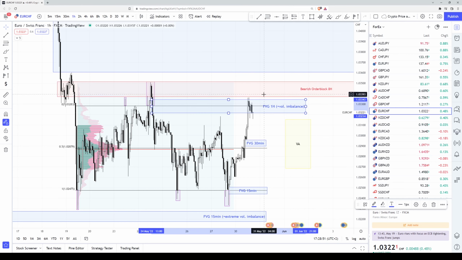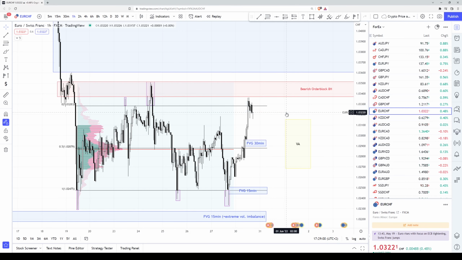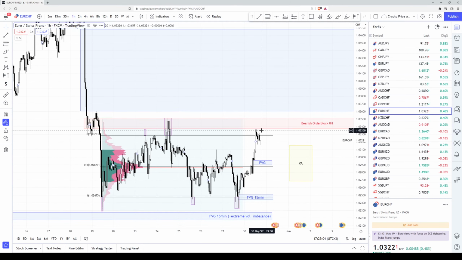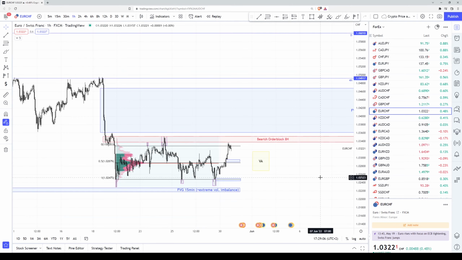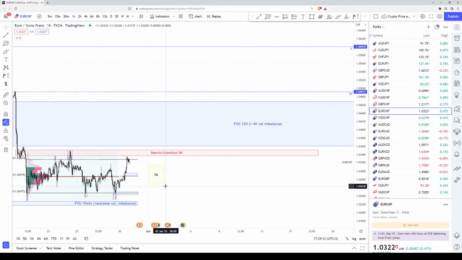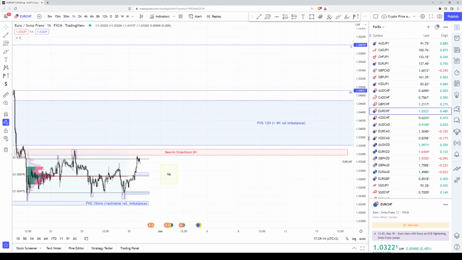So personally I tend to look somewhere at the lower part of the bearish order block for an entry, and for a potential stop loss I am looking for a tight stop loss, simply because above this whole range there is a huge fair value gap, and even a part of that has a volume imbalance on the 4-hour time frame.